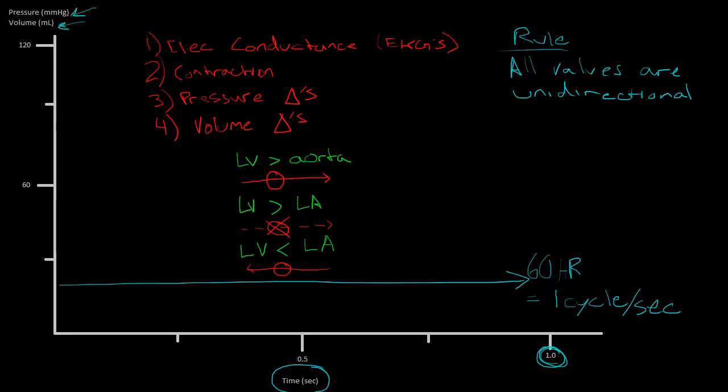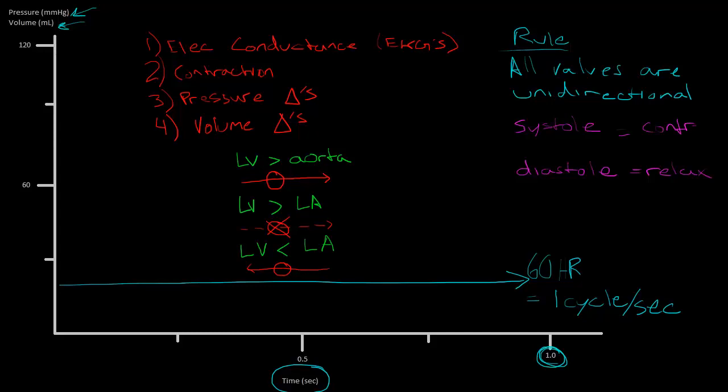And then finally I want to reintroduce to you two terms that you've seen before, systole and diastole. Systole we can translate in our minds as contraction. Diastole we can translate in our minds as relaxation.